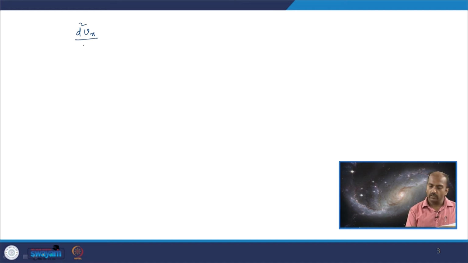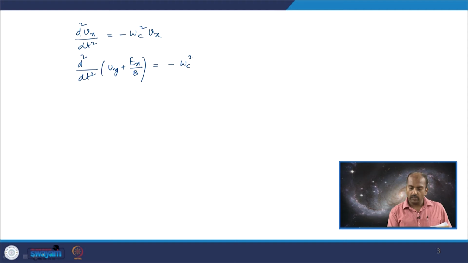So, d square Vx by dt square is equal to minus omega c square Vx is the first equation that we have got, and similarly the second differential equation is d square by dt square of Vy plus Ex by B is equal to minus omega c square into Ex by B plus Vy. Now, let us say this is equation A and this is equation B.